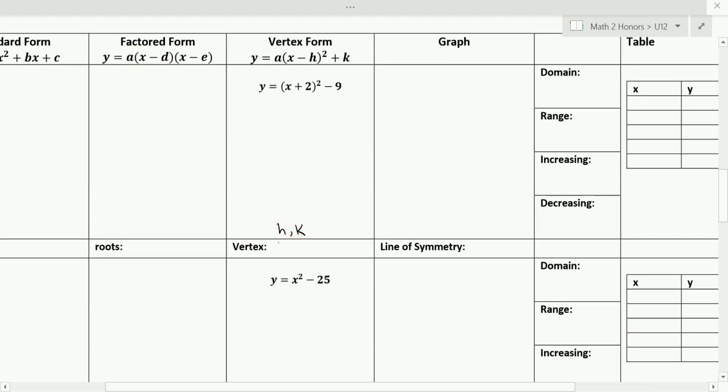So what's h? Remember, it's the opposite of what's there. Negative h is 2, so positive h is -2. And k would be -9.